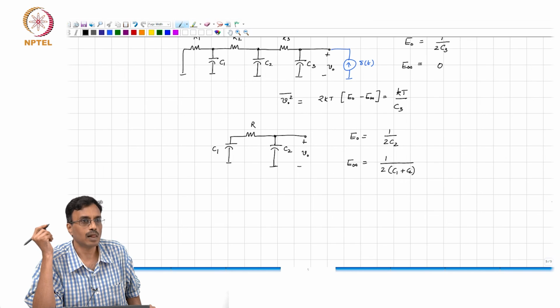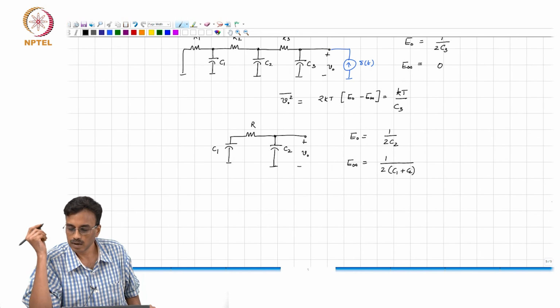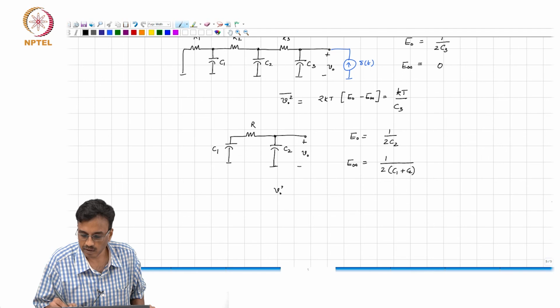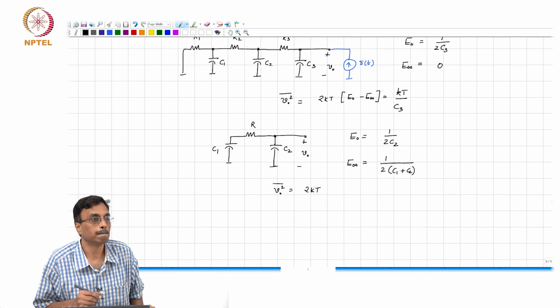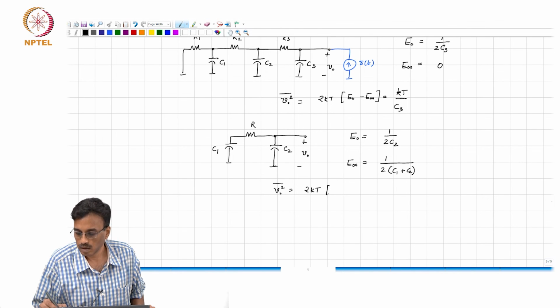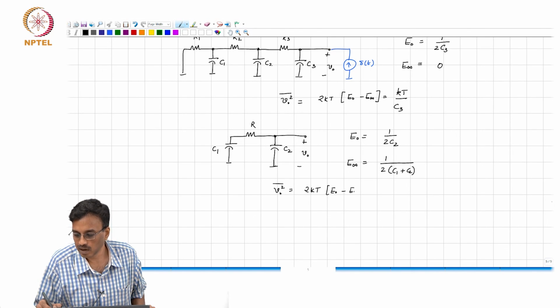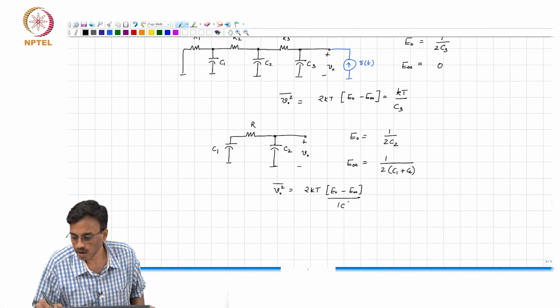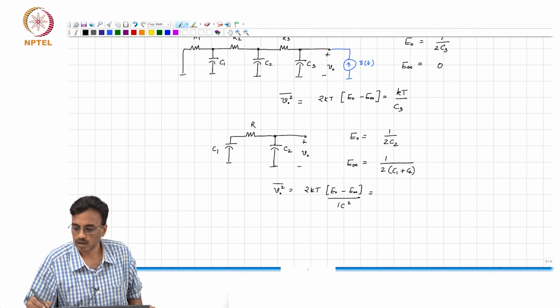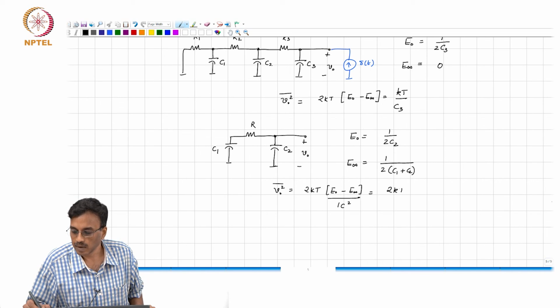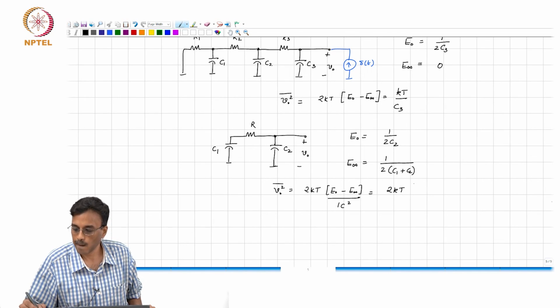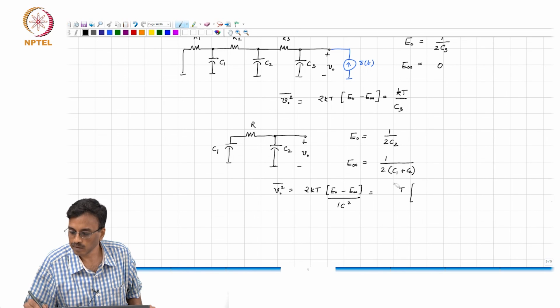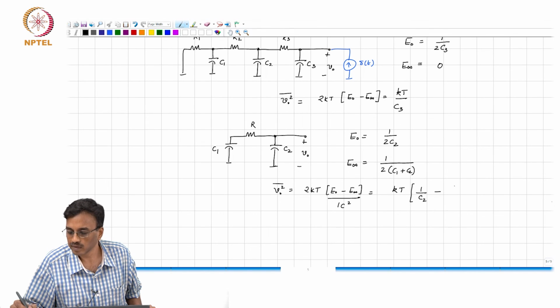Does it make sense, people? Okay. And therefore, the mean square noise is 2kT times E0 minus E infinity by 1 Coulomb square, and that is kT times 1 over C2 minus 1 over C1 plus C2.